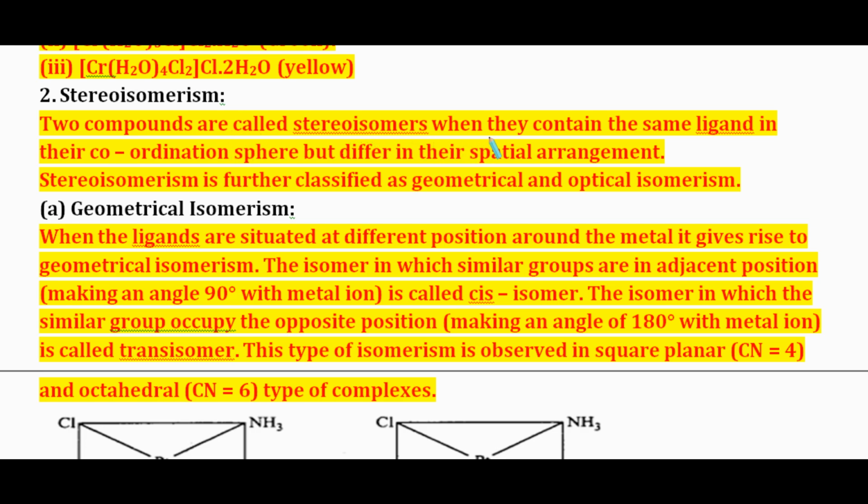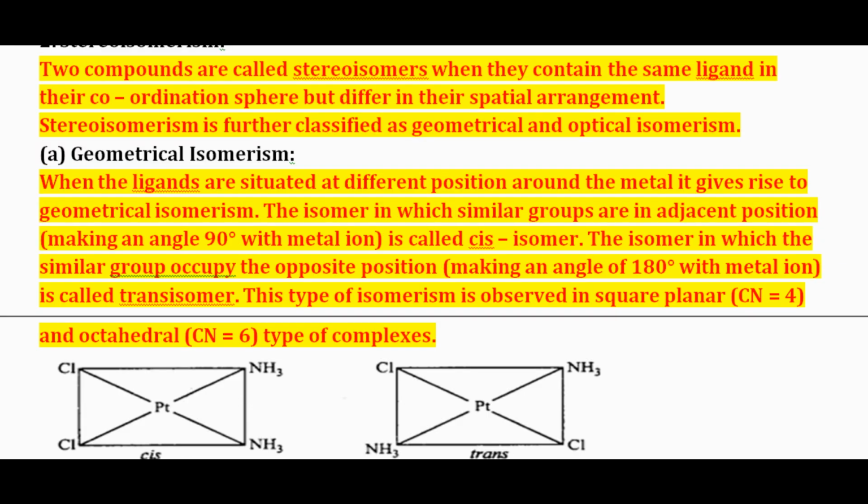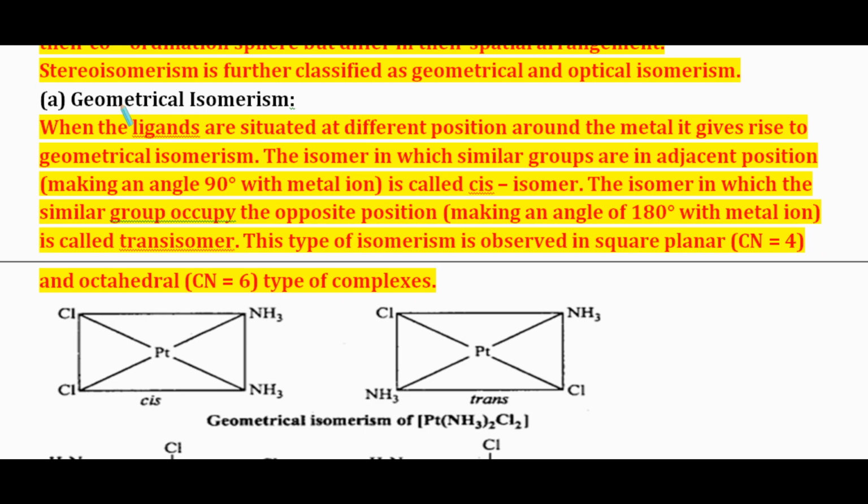Next is stereoisomerism. Two compounds are called stereoisomers when they contain the same ligands in their coordination sphere but differ in their spatial arrangement. Stereoisomerism is further classified as geometrical and optical isomerism. First of all, see geometrical isomerism. When the ligands are situated at different positions around the metal, it gives rise to geometrical isomerism.